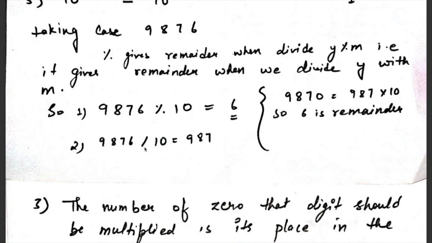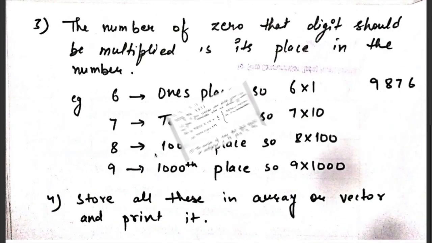Then we will divide the whole number by 10 to remove that 6. Then if we again take its modulo, we will get 7. Then we will divide it again by 10 and take modulo again, and we will get 8, and likewise we will get 9. So we get every digit one by one by taking modulo and dividing the number by 10.